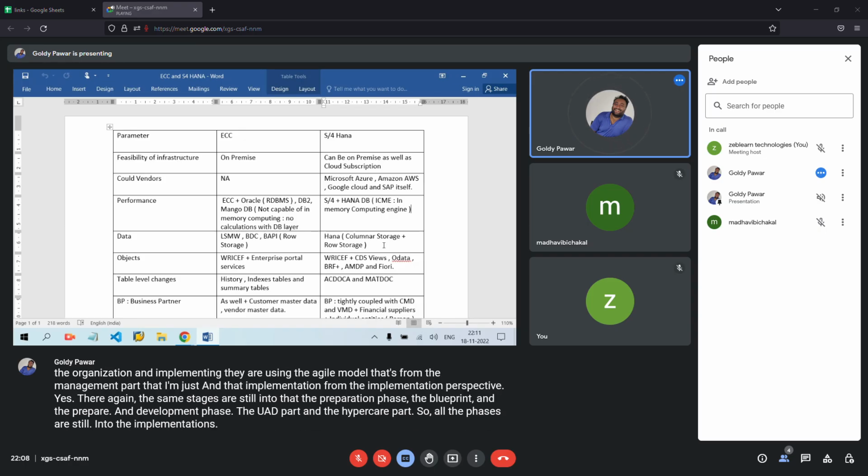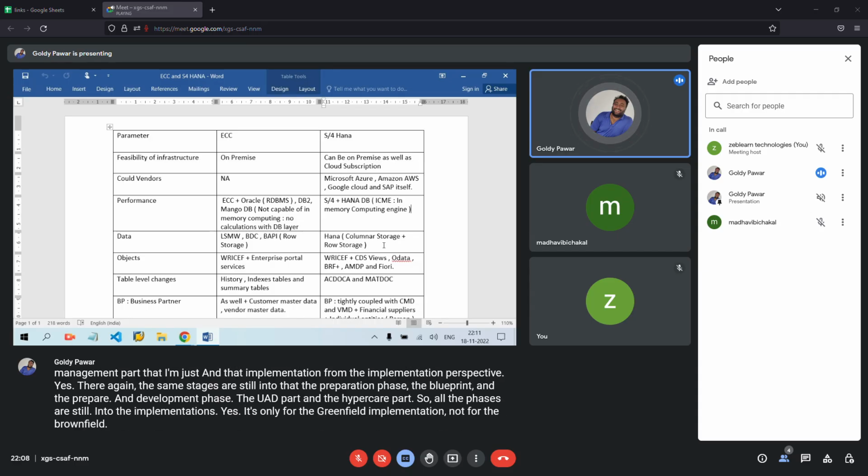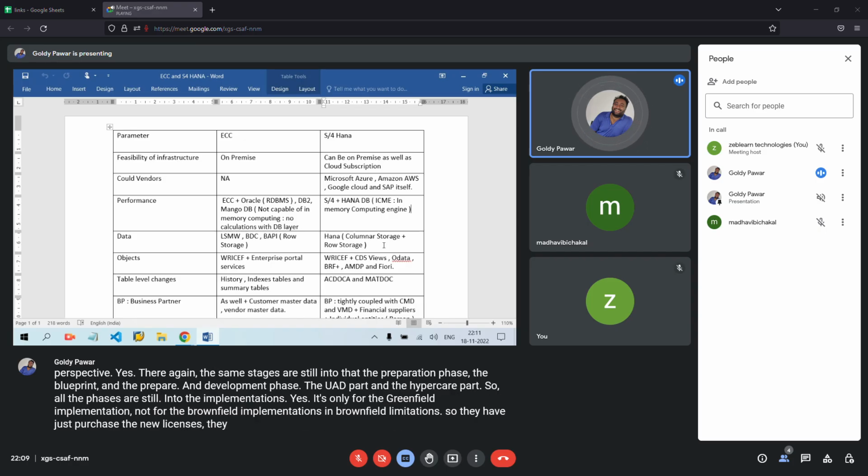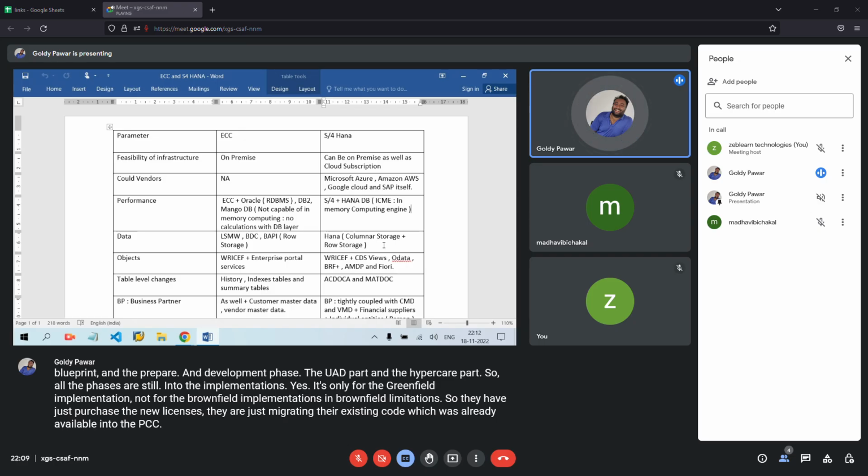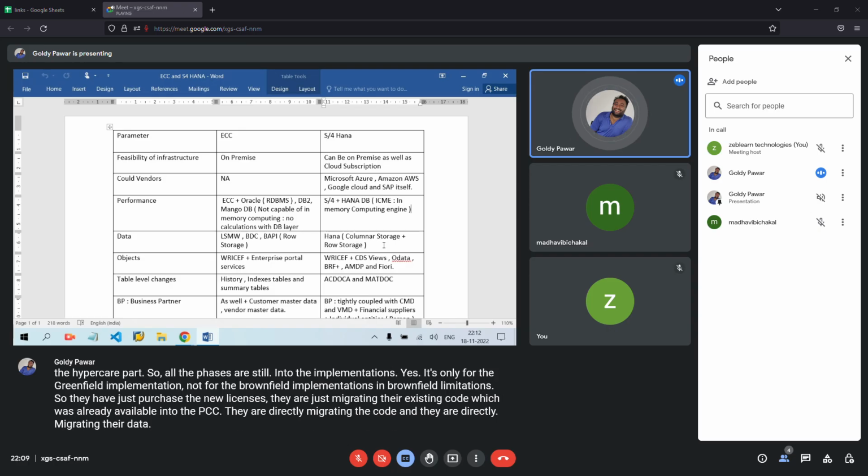Yes, that is for the greenfield implementation, not for the brownfield implementations. In brownfield implementations, they have just purchased the new licenses and are migrating their existing code, which was already available in ECC. They are directly migrating the code and their data into the new system.